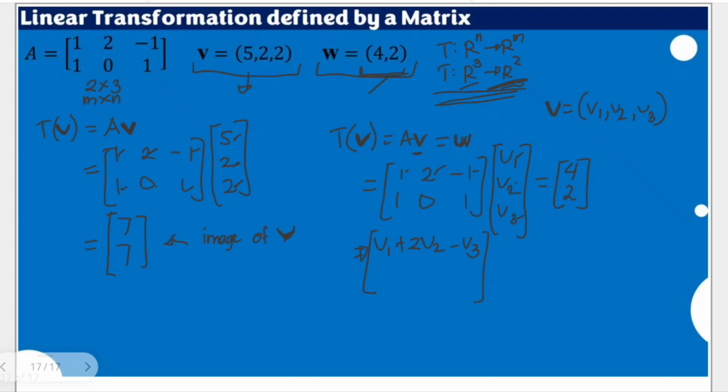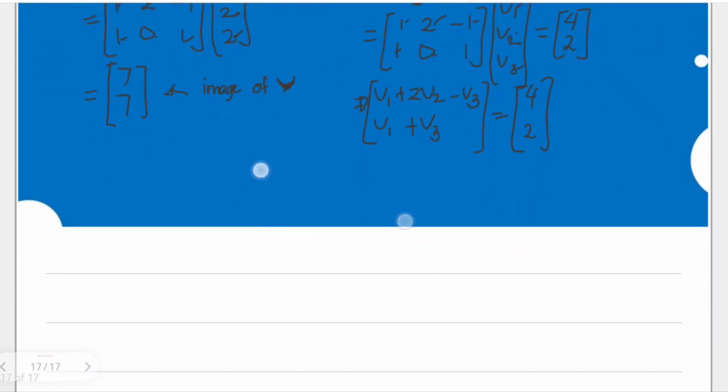This is still one entry. 1 times v sub 1 is v sub 1, plus 0 v sub 2, and our v sub 3 here is plus 1 v sub 3. This is equal to our w, which is 4 and 2. So our two equations would be: v sub 1 plus 2 v sub 2 minus v sub 3 is equal to 4. And v sub 1 plus v sub 3 is equal to 2.